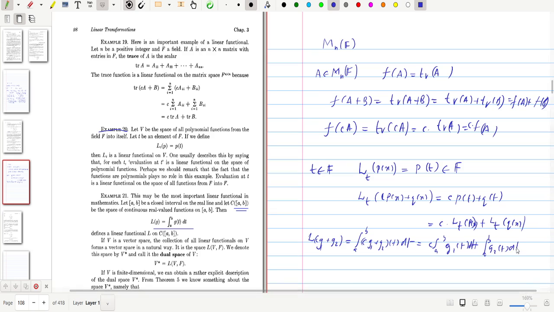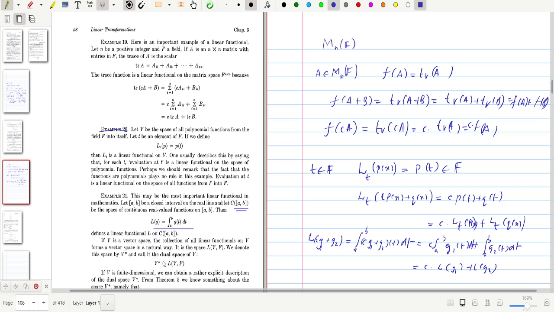So this will be c times L of g1 plus L of g2. So this L is also a linear functional from the set of all continuous functions to real numbers.